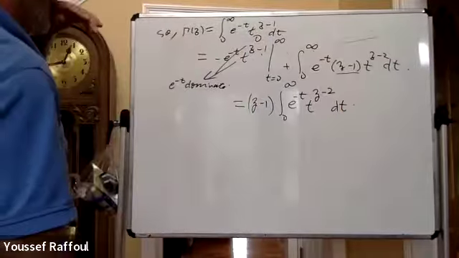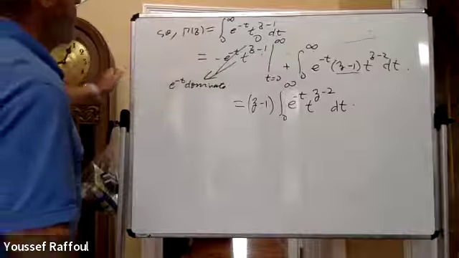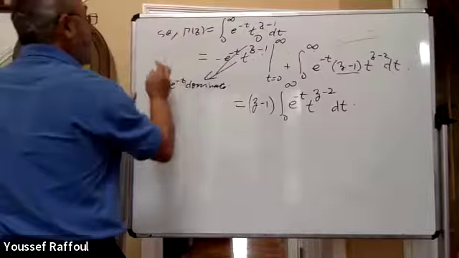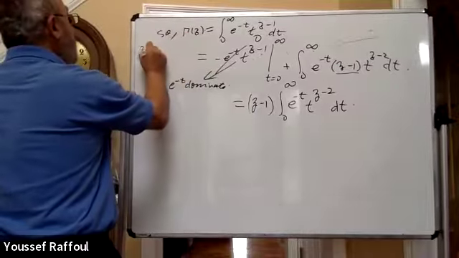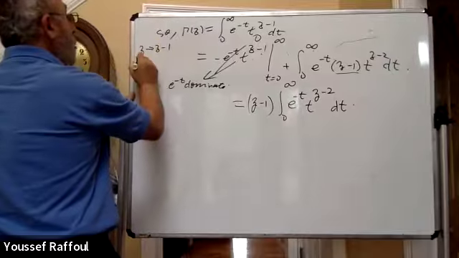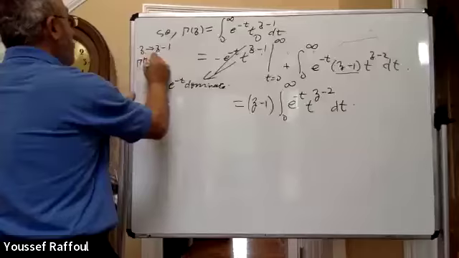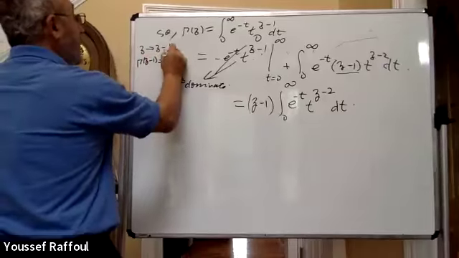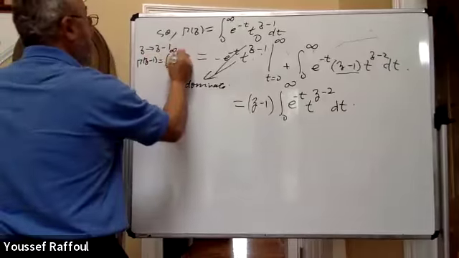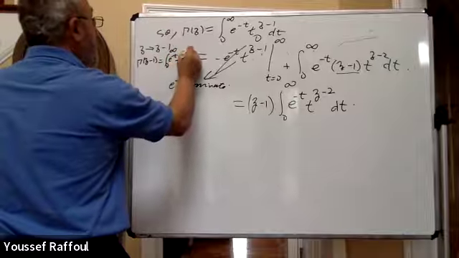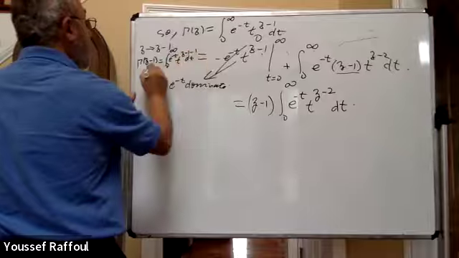Well, take a look at this definition. What if I replace z by z minus 1? What would I get? It is the integral from 0 to infinity of e to the minus t, t to the z minus 1 dt.